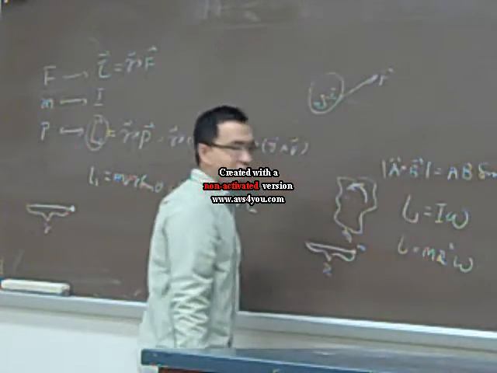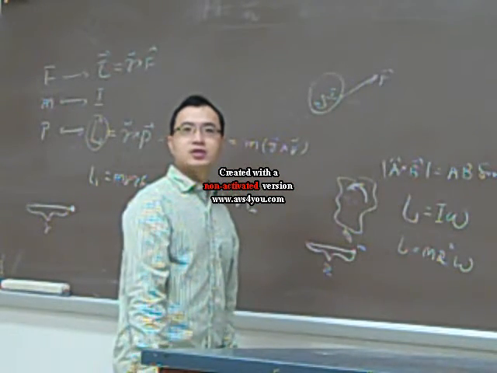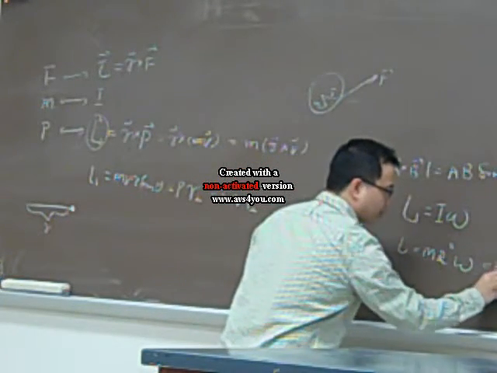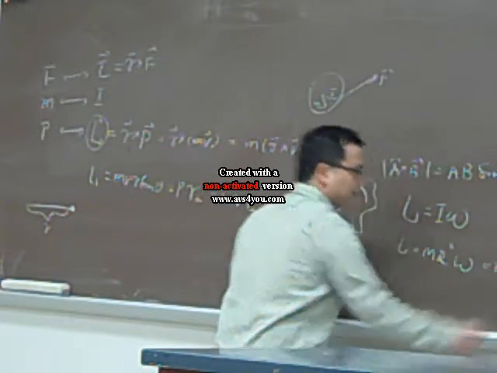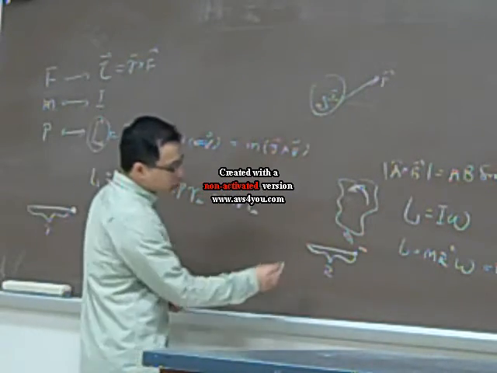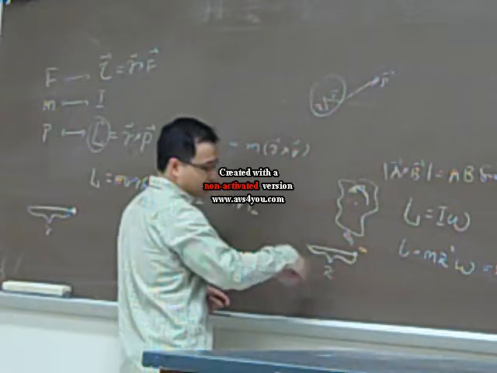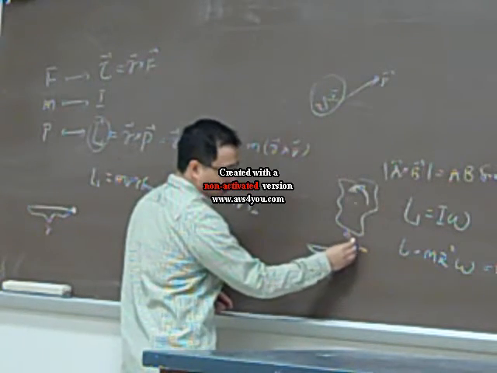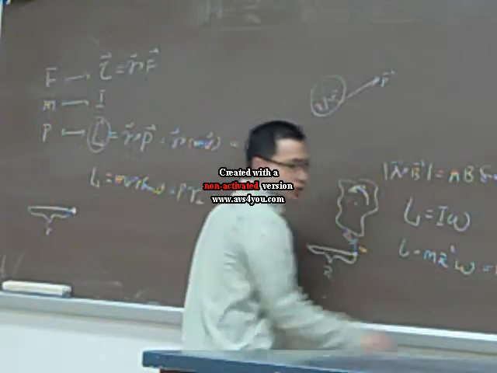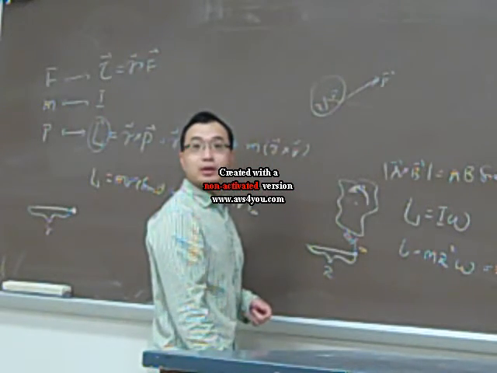On the other hand, r multiplied by omega is the tangential velocity v, so this equals m r v. And if it's in rotation, the velocity is tangential, so r is the same as r perpendicular.